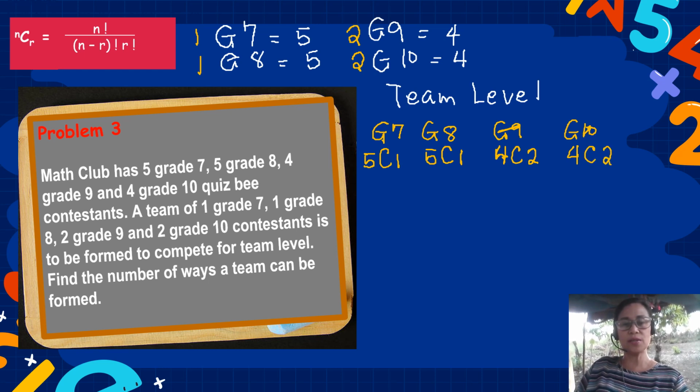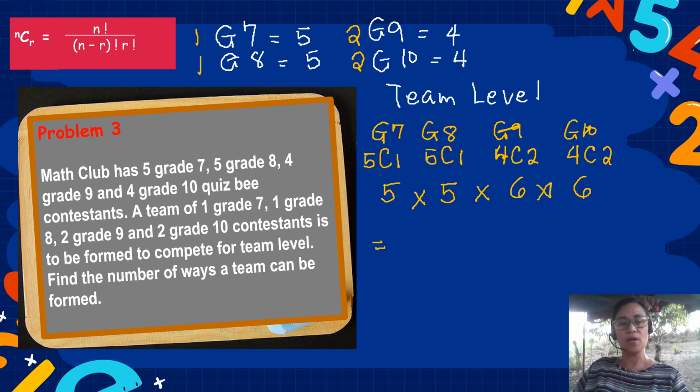Now, pressing this in your calculator, 5C1 is a value of 5, and this is also 5. 4C2 is 6, and this is 6. Since we have a combination with grade 7, grade 8, grade 9, and grade 10, this is an example of the fundamental counting principle. So we have to multiply all of these to get the total combinations.